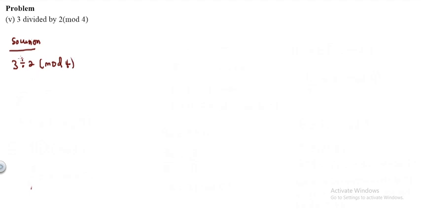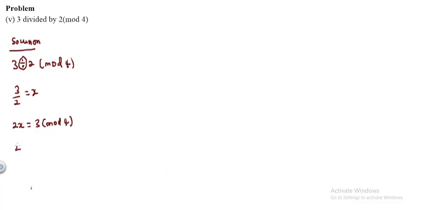Like we've been doing before, this has a circle, by the way. We simply write it as 3 divided by 2 is equal to x, an unknown value. So that this will be 2 times x is equal to 3 modulo 4.